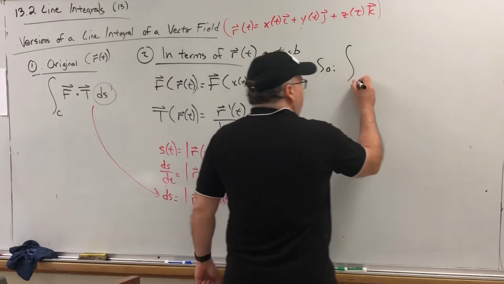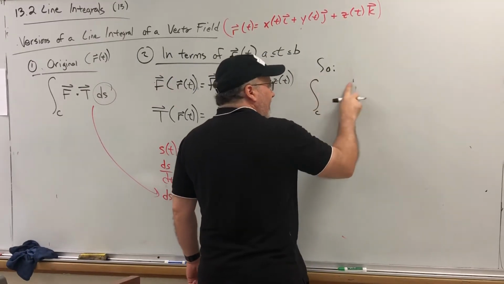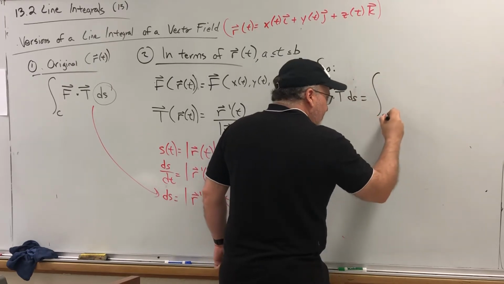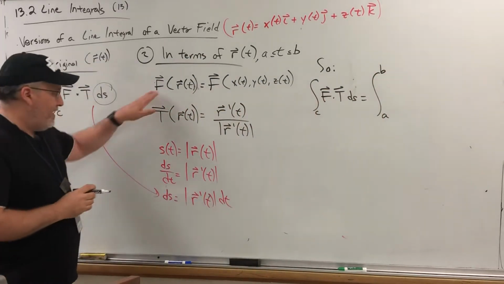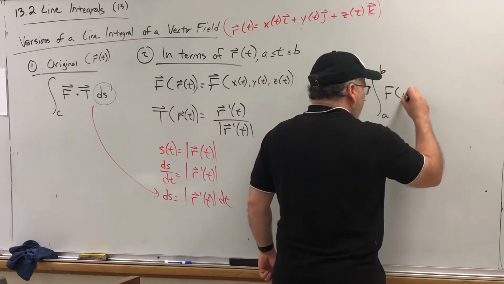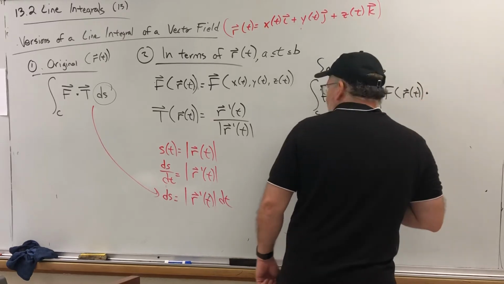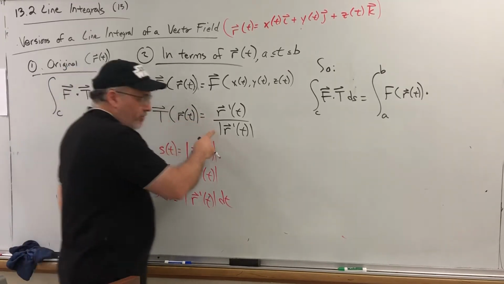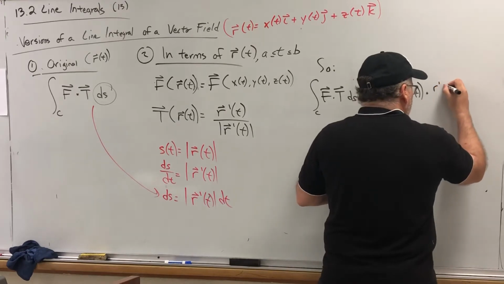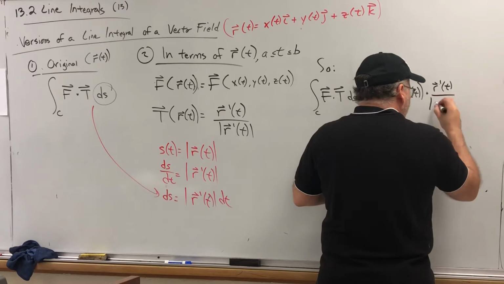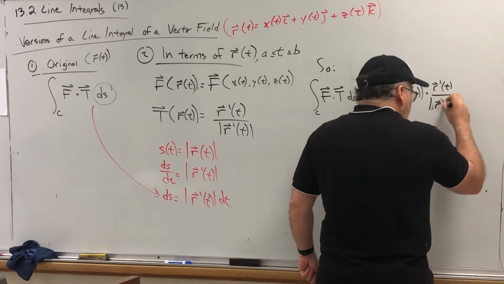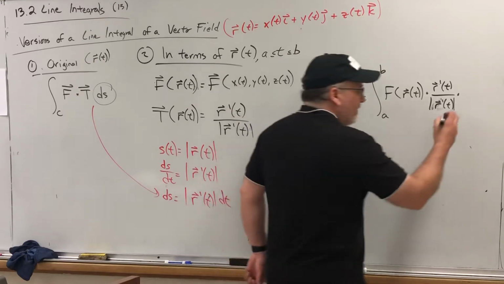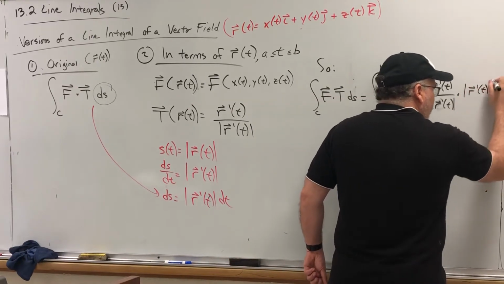We can evaluate the line integral of F dot T ds as the single integral from a to b of F of r(t) dot the unit tangent vector function, which is the derivative of r over the magnitude of the derivative, times ds, which is the magnitude of the derivative times dt.